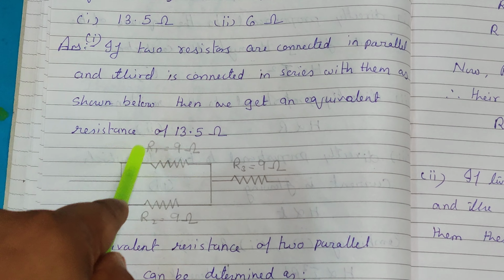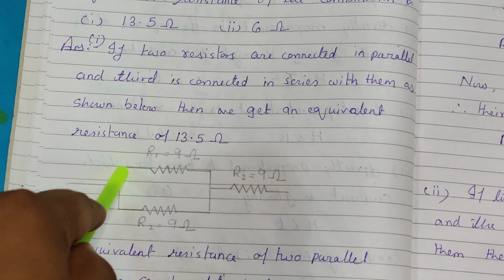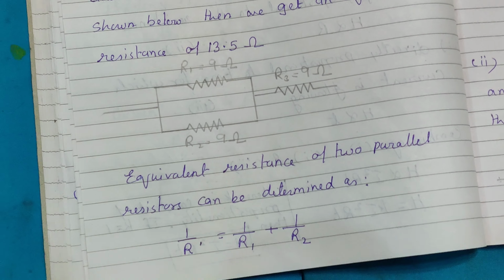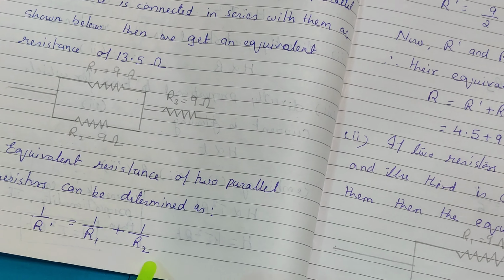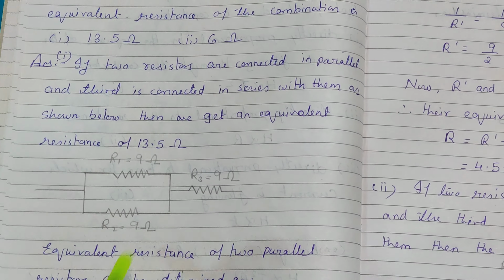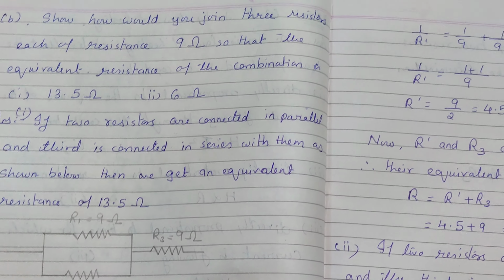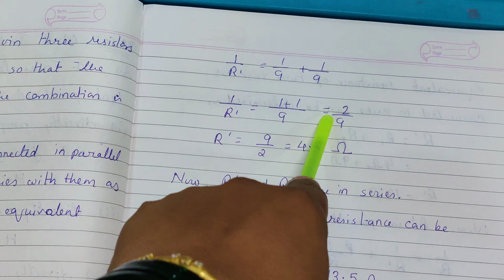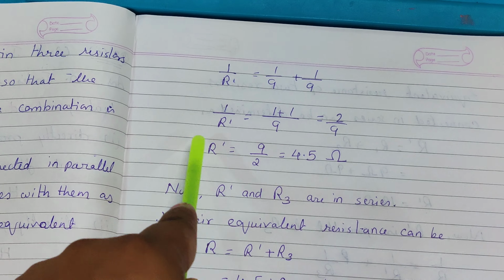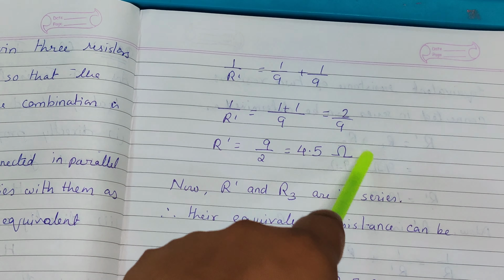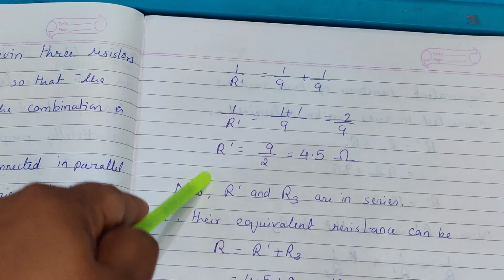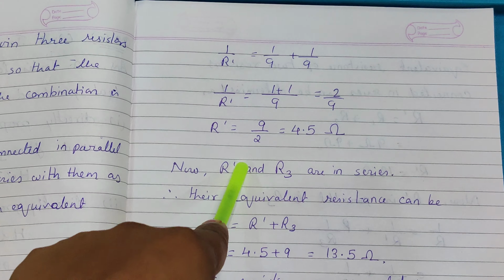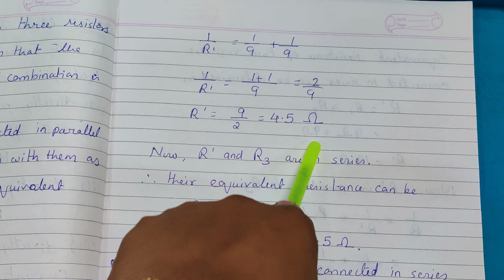First we will calculate this parallel combination. Let the resultant of this parallel combination be r dash. Then 1/r dash equals 1/9 plus 1/9, which equals 2/9. So r dash equals 9/2, which is 4.5 ohm.